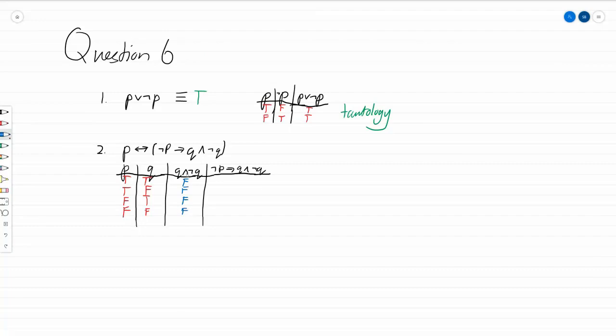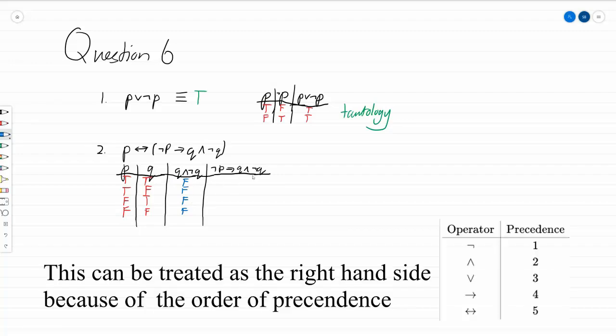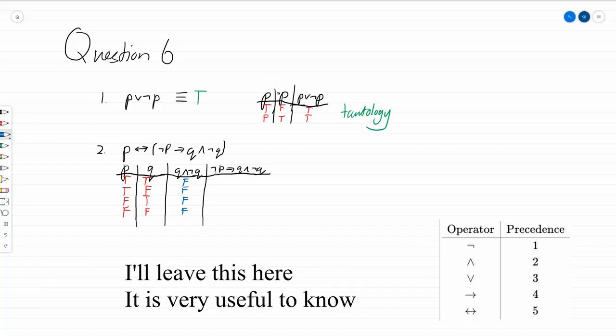There's nothing that can satisfy Q and not Q, because we're going to have true and false, false and true, and any single thing like that. So our right-hand side is always false. The one case where this could be false is where this is true and that is false.